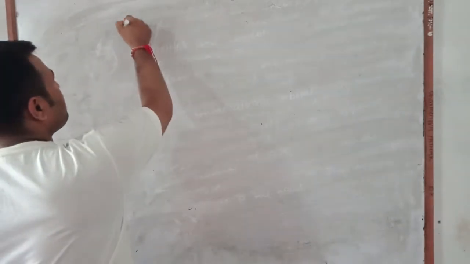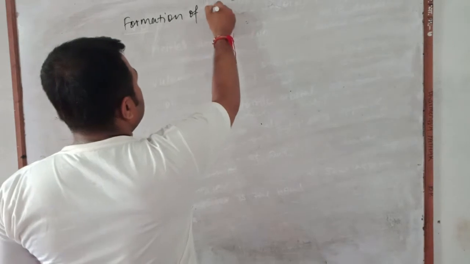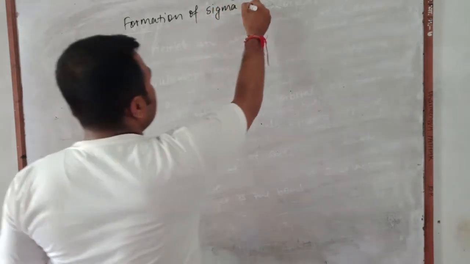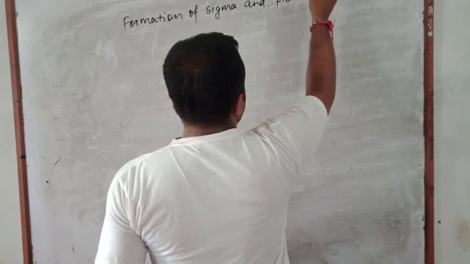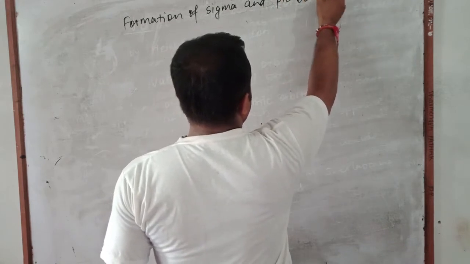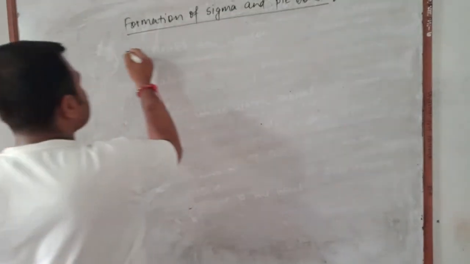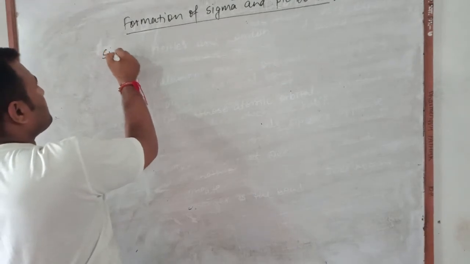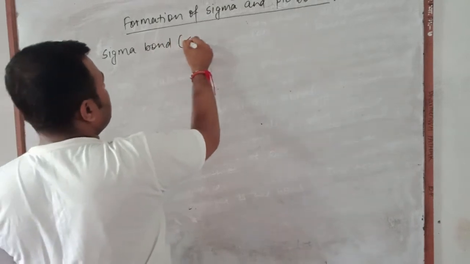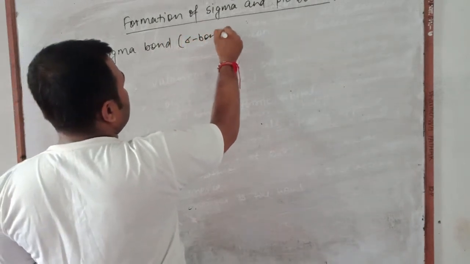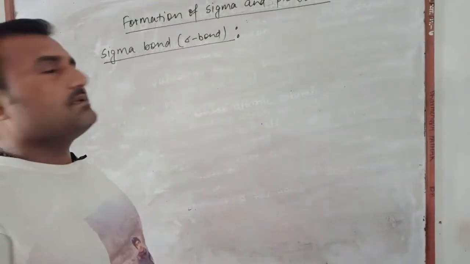Here we describe the formation of sigma and pi bonds. At first we discuss the sigma bond, denoted by σ. Where there is a single bond, it is a sigma bond.